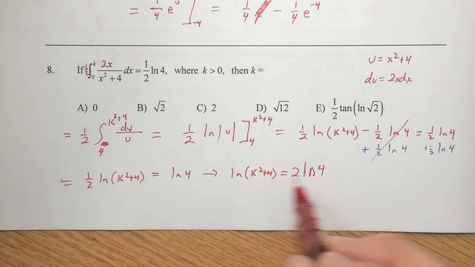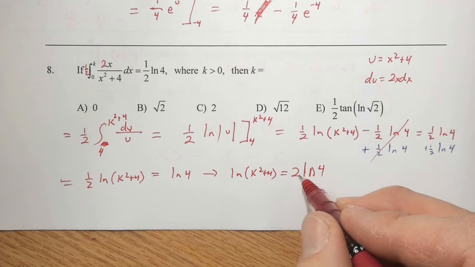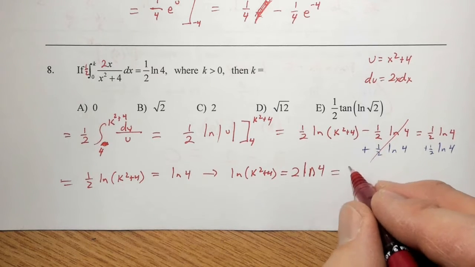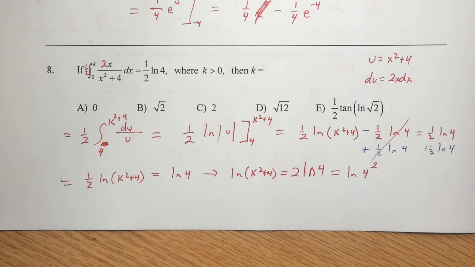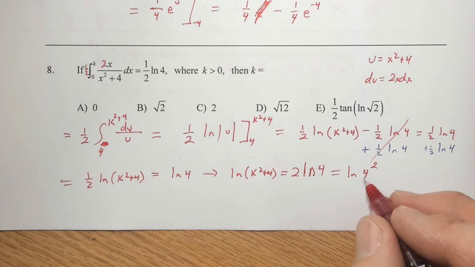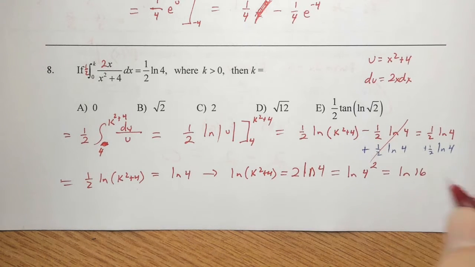We need our natural log here to go away, but this 2 is slightly screwing everything up. So we've got to use our natural log properties from pre-calculus. We know that if 2 is a coefficient, that's the same thing as making it the exponent of what we're taking the natural log of. We're taking the natural log of 4, so that's the same thing as the natural log of 4 squared, or the natural log of 16.